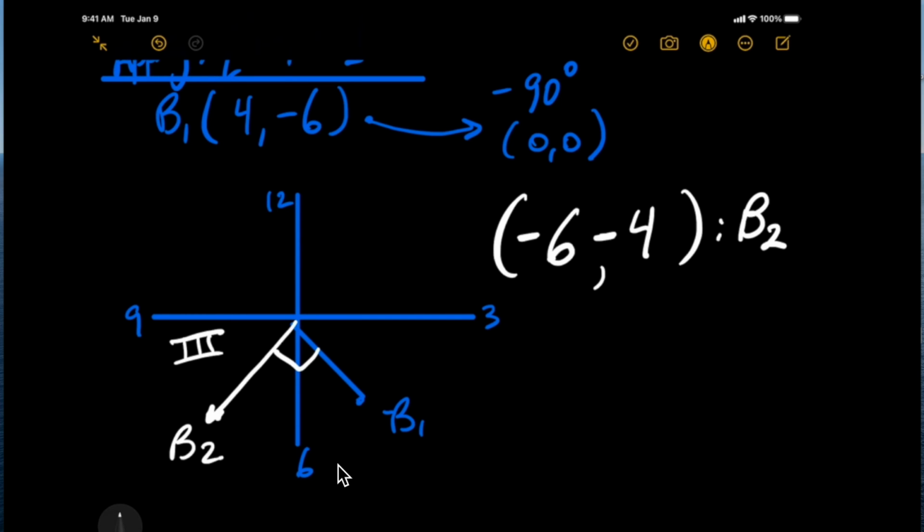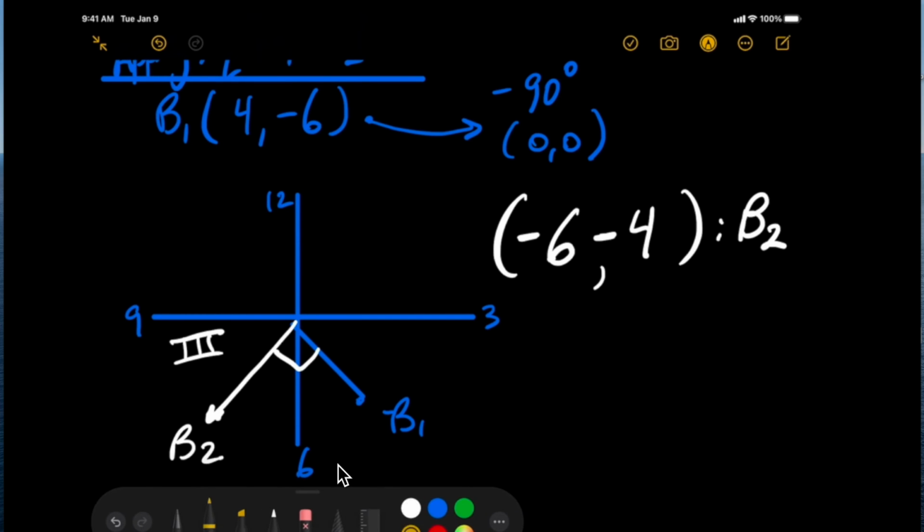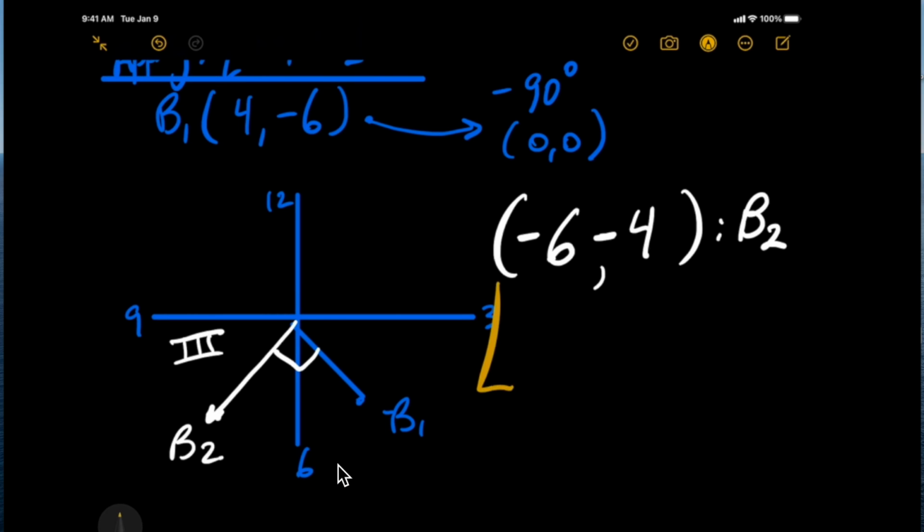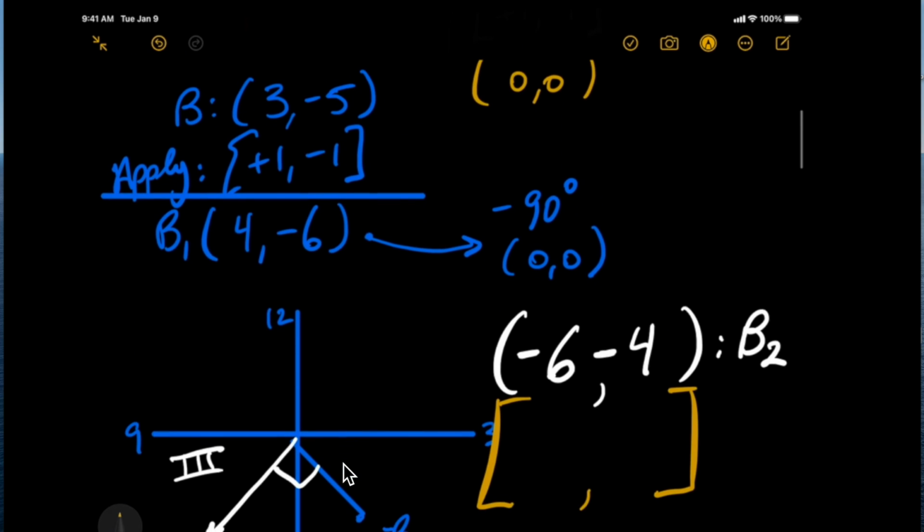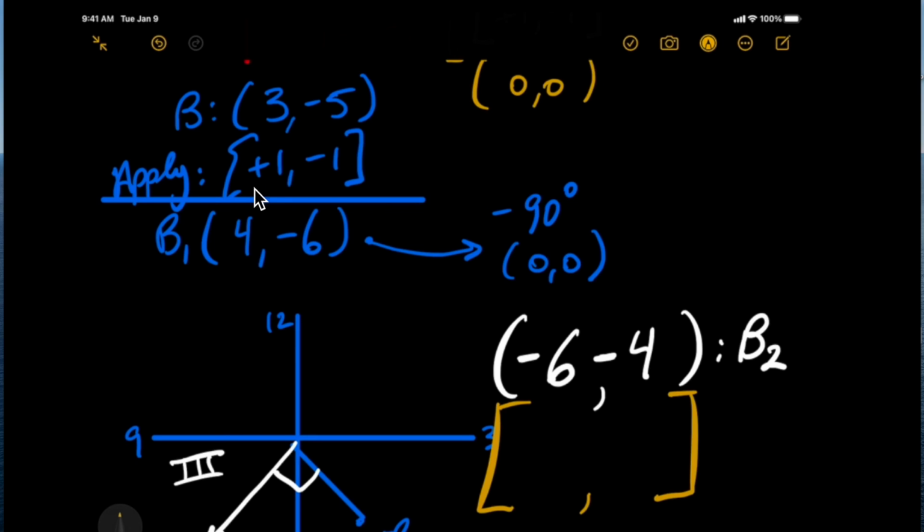However, we are not finished. We now need to reverse what we did to transfer this to an origin problem. We are going to reverse this bracket here. So we are now going to do -1, +1.